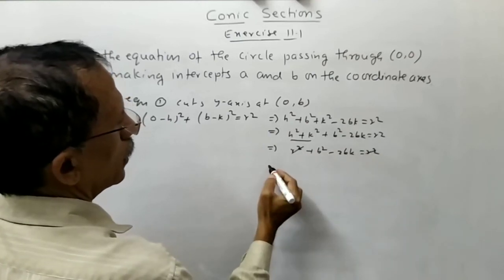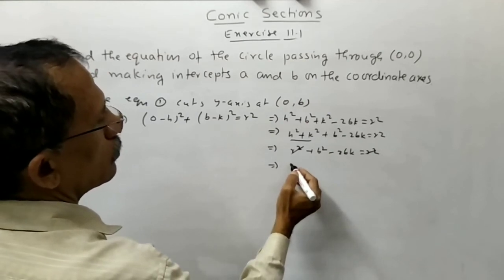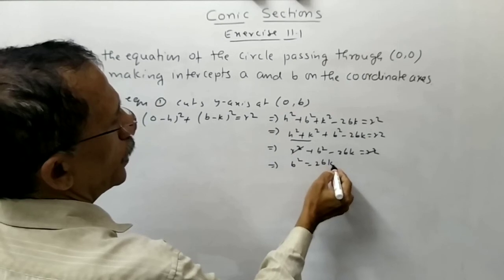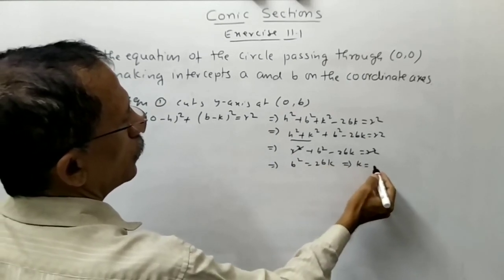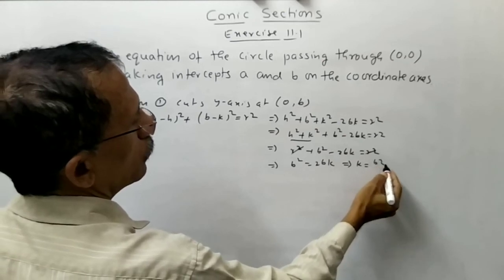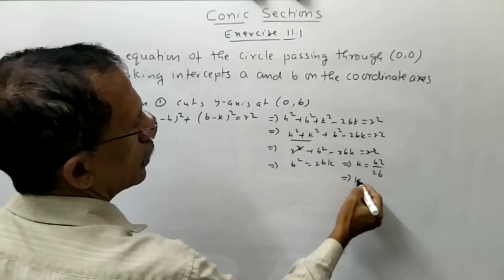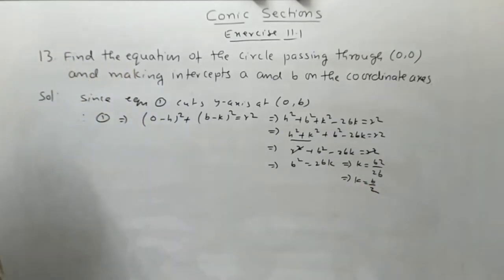R square we can cancel. This implies b square is equal to 2bk implies k is equal to b square divided by 2b. This implies k is equal to b by 2.